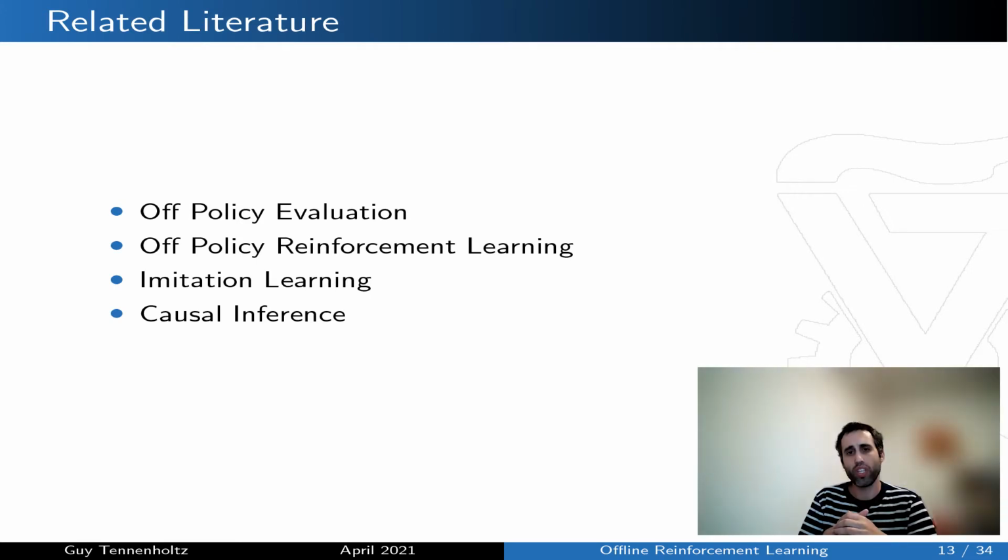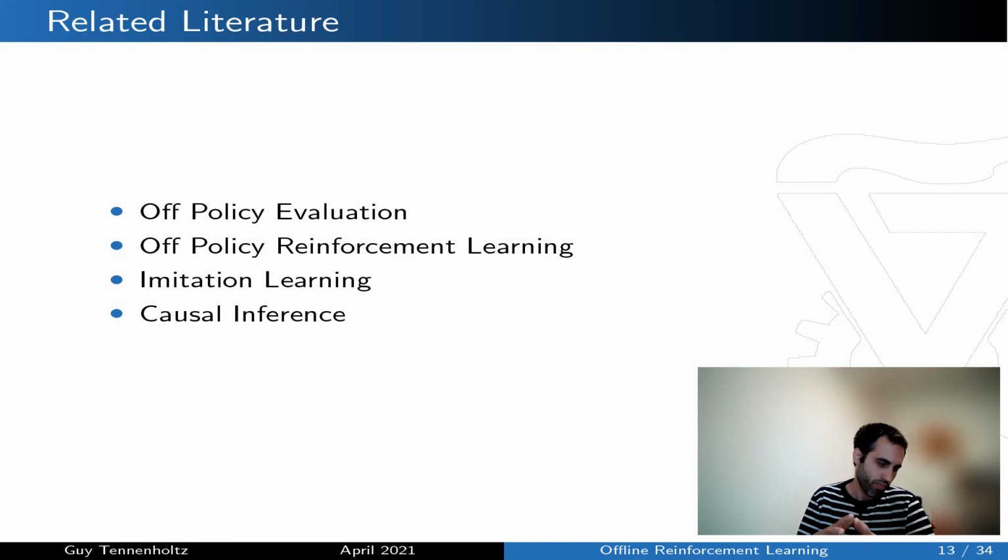All right, so before we continue talking about offline reinforcement learning and getting into the actual details, I want to talk about the vast amount of related literature that we have to offline reinforcement learning. So first of all, we have off-policy evaluation.